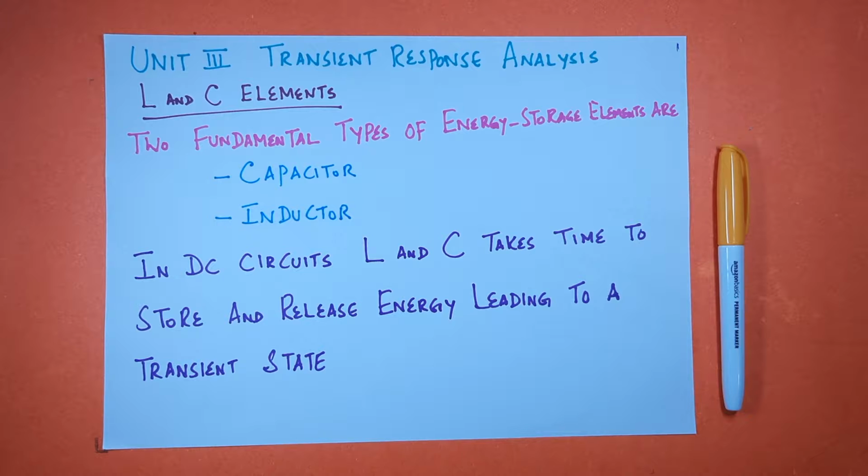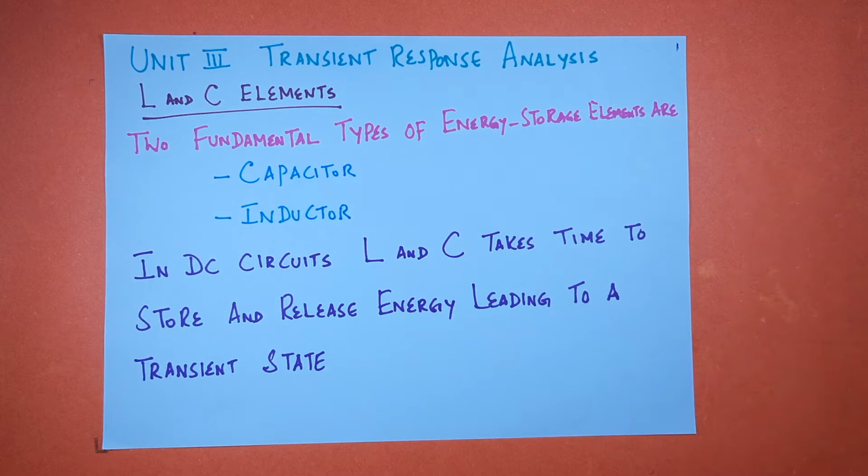Next, we move on to Unit 3, which is nothing but transient response analysis. In that, first we shall discuss briefly L and C elements. Two fundamental types of energy storage elements are capacitor and inductor.